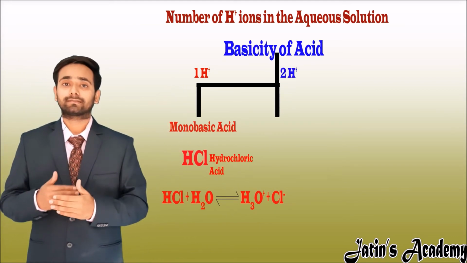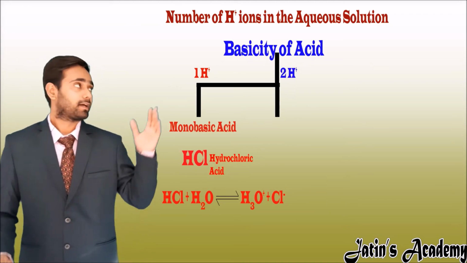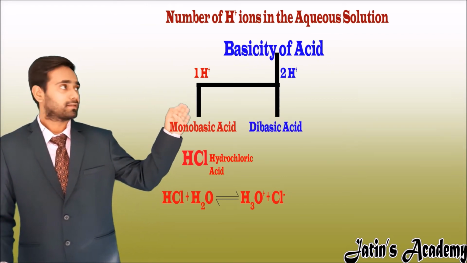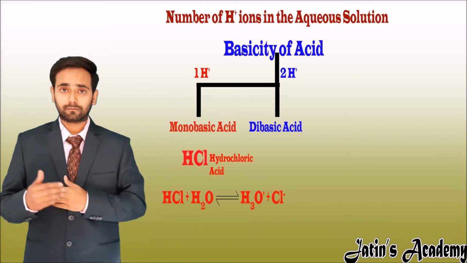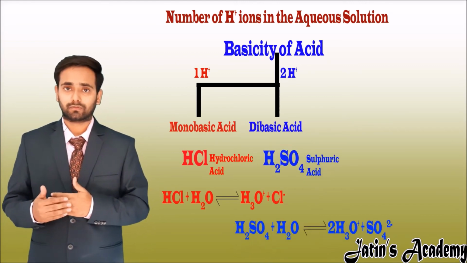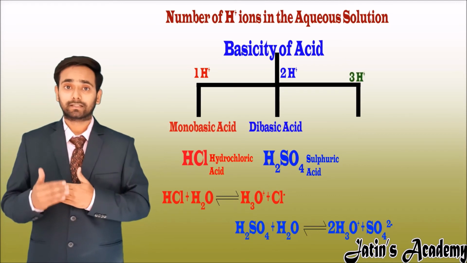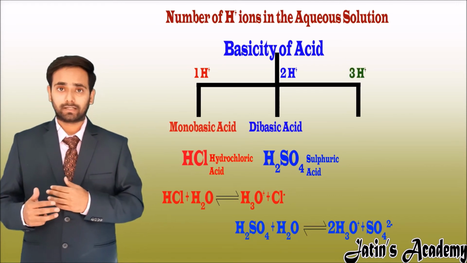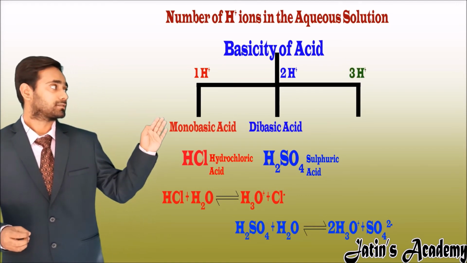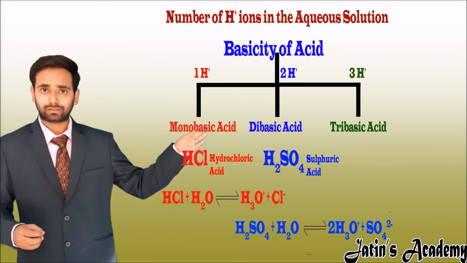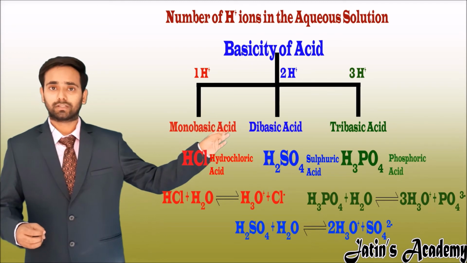If the acid gives 2 H positive ions in the aqueous solution, it is called dibasic. The example is sulfuric acid, that is H2SO4. And if the acid gives 3 H positive ions in the aqueous solution, it is called tribasic. The example is H3PO4, that is phosphoric acid.